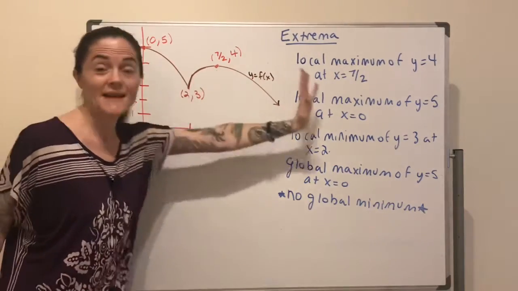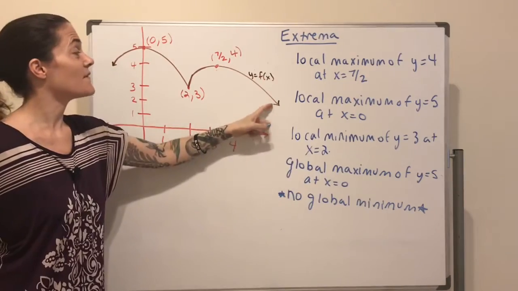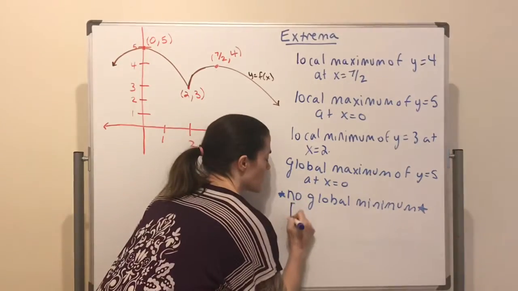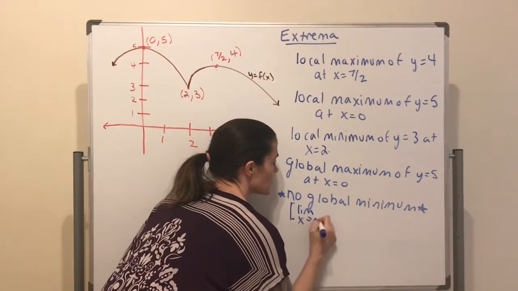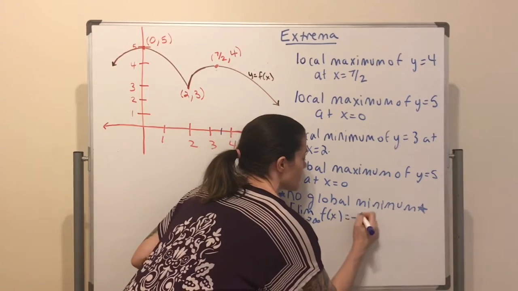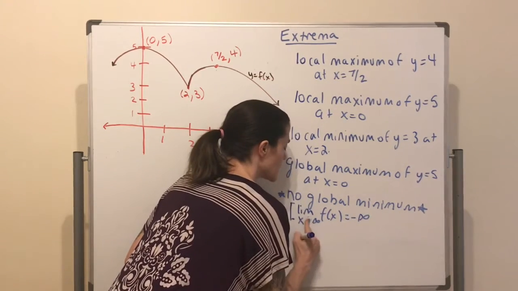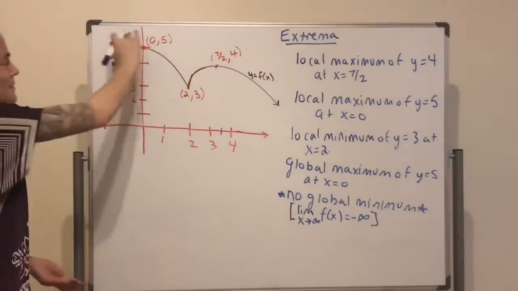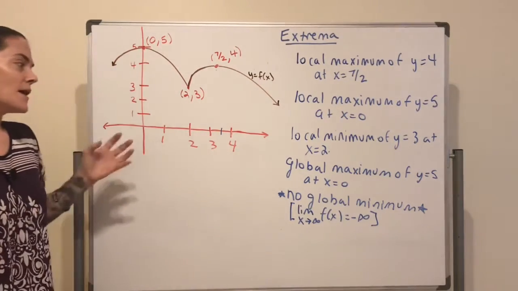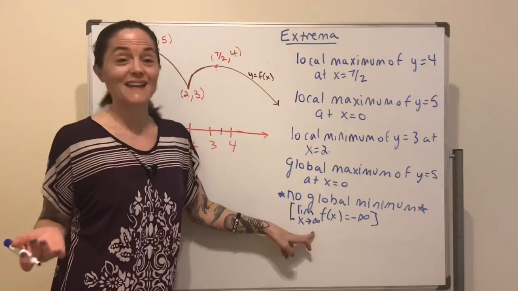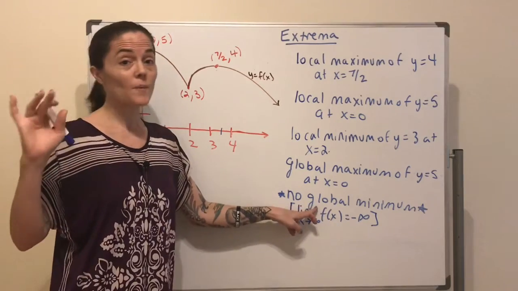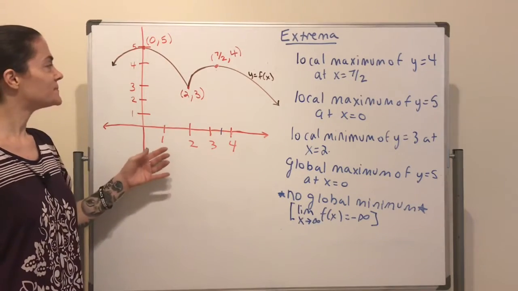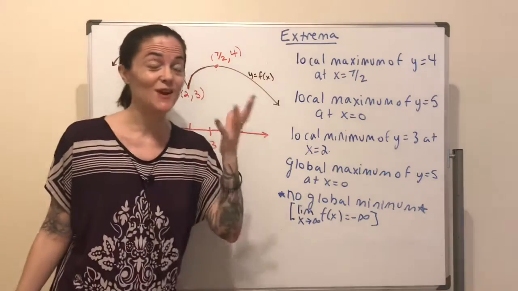Well, the limit as x goes to infinity of f of x is minus infinity. And similarly, maybe I'll write that here in a bracket, the limit as x goes to infinity of f of x is negative infinity. And similarly, the limit as x goes to minus infinity of f of x is minus infinity, just looking at the graph. But this was kind of a side comment. We have no global minimum while this function is unbounded below. And so there is no lowest overall y value.